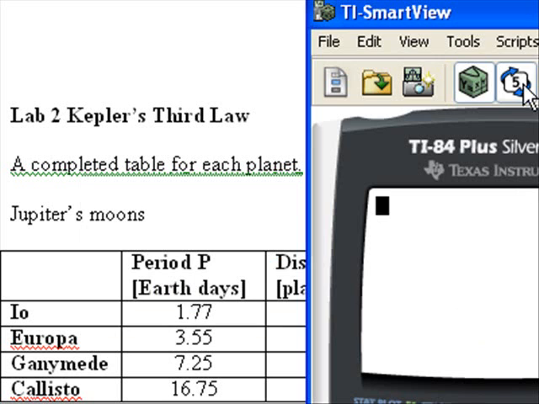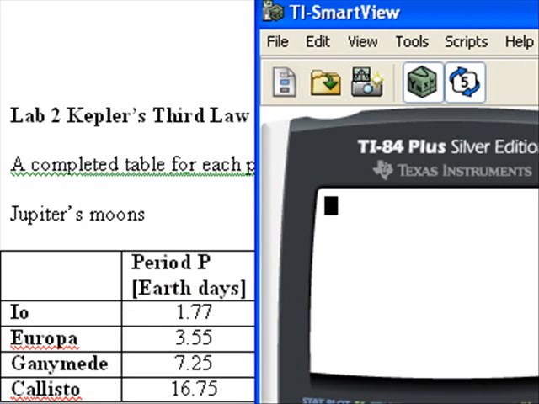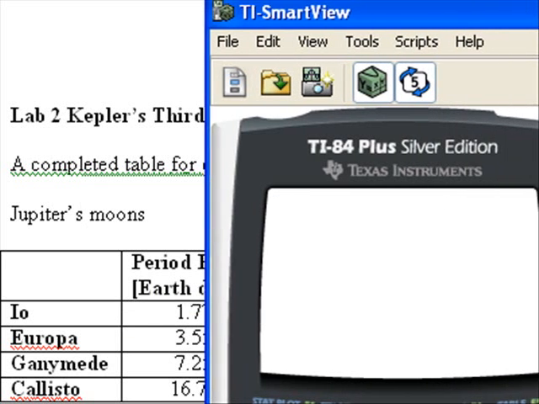And now I'm going to go over to a calculator. Of course, you can use any kind of calculator you want. I'm just going to use this one here because it's nice to show on this one when I want to teach. So 1.77 squared divided by 5.91 cubed.